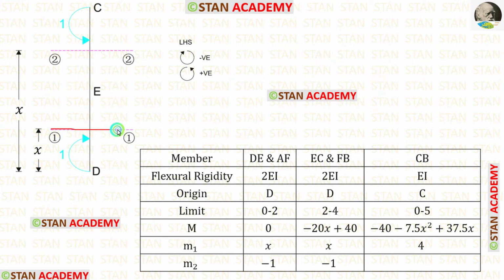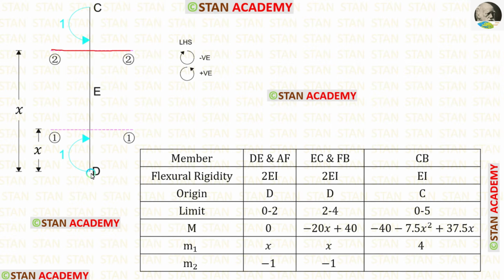Let us take the first section. Up to the section there is no load. We have only the unit moment. The unit moment is acting in the clockwise direction, so it will be negative. Let us take the second section.